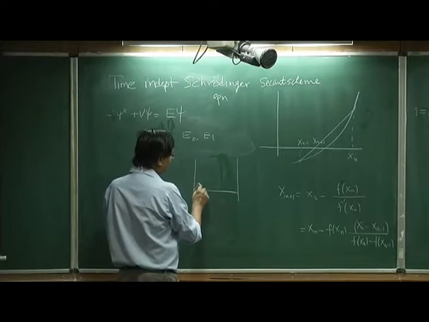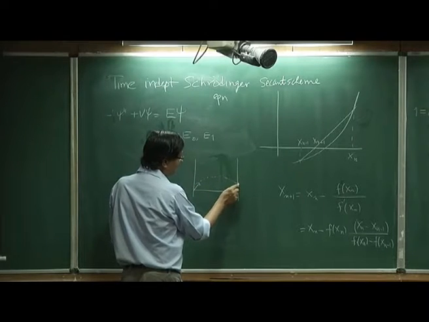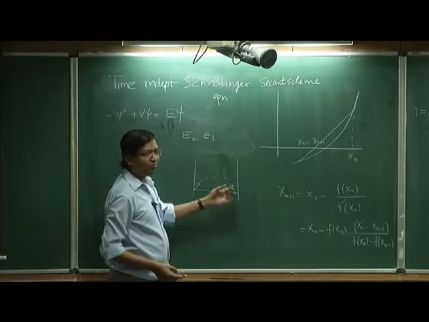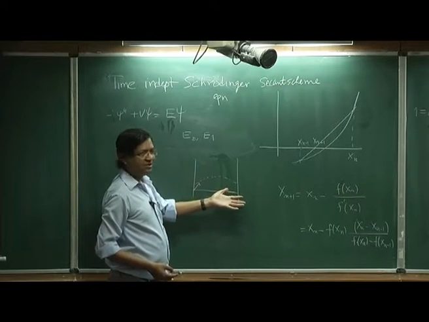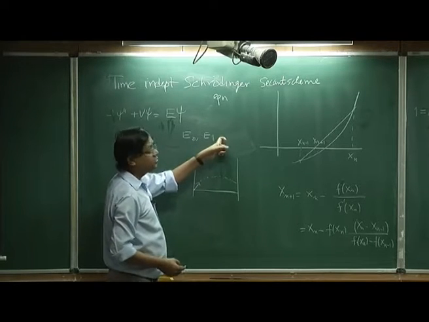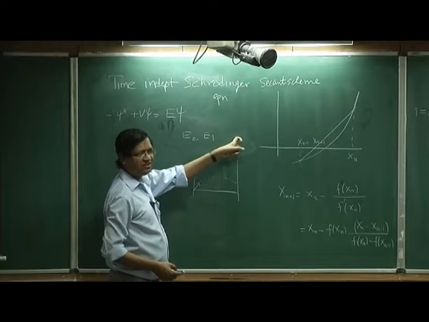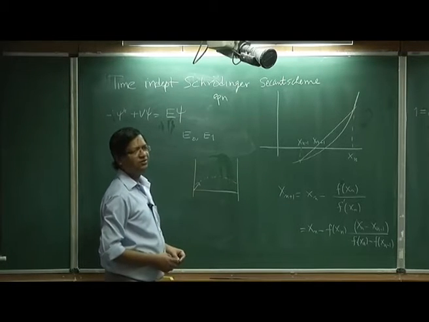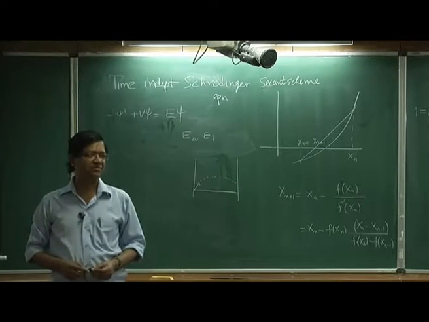I start here and keep going, and if I get the value of psi at the end point to be not 0, but something else, then my solution is incorrect, right. So I have to go to E2, E3. I keep correcting in such a way that finally you get the wave function 0 at the end.